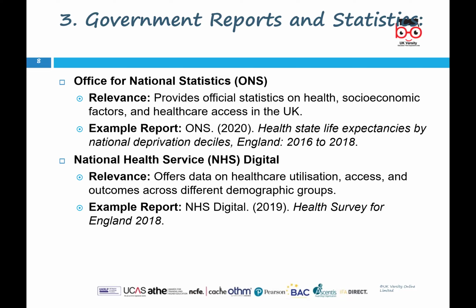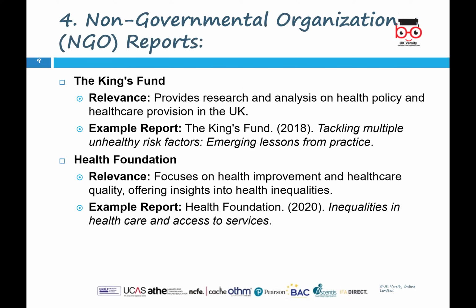So it gives you different percentages within England from 2016 to 18. Then you have the National Health Service Digital, which offers data on healthcare utilization, access, and outcomes across different demographic groups.